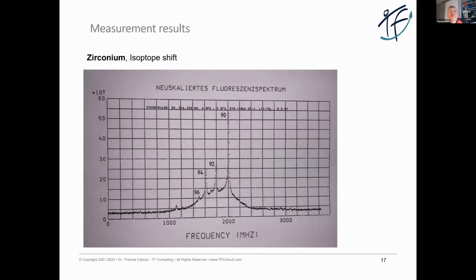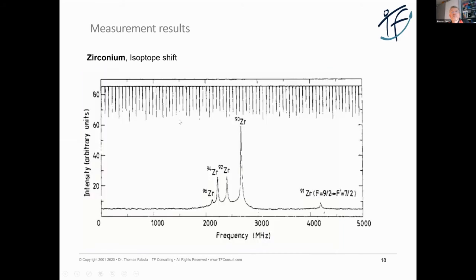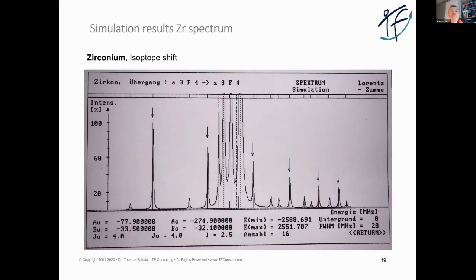So here are some spectra of zirconium isotope shifts we measured, and this is what we got with the system. This was a comparison to another measurement before, and to see where the peaks are and where to look for them in the experiment. I also wrote a simulation program.